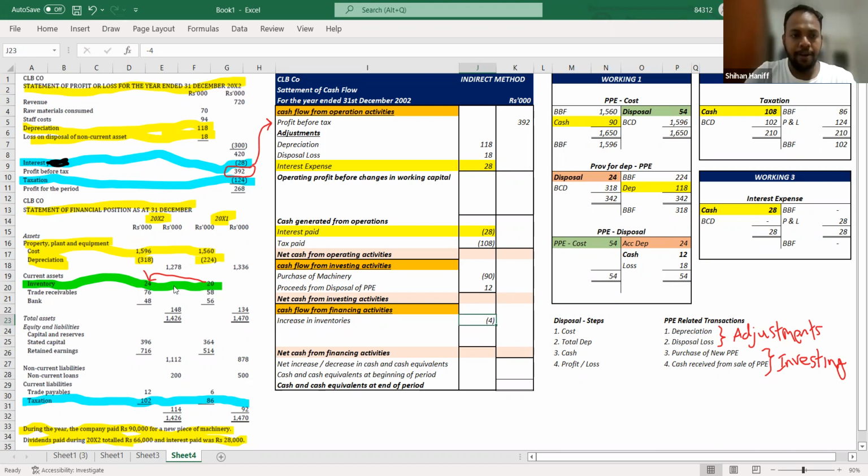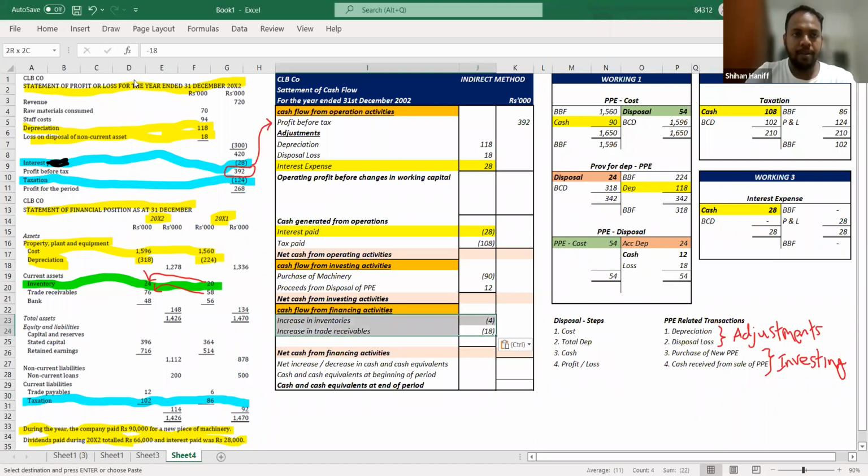Then trade receivables also increase, by 58, 68, 76, 80. Increase by 80.